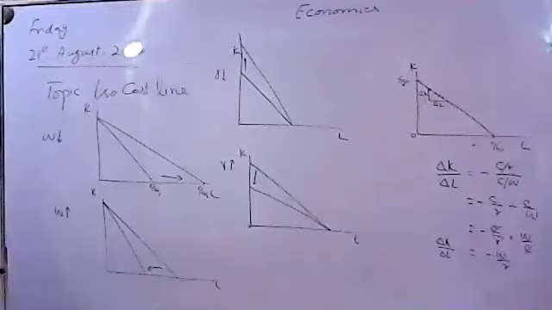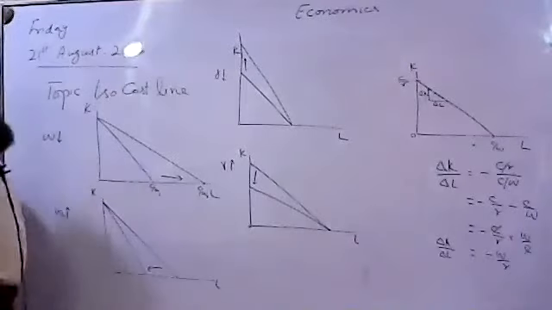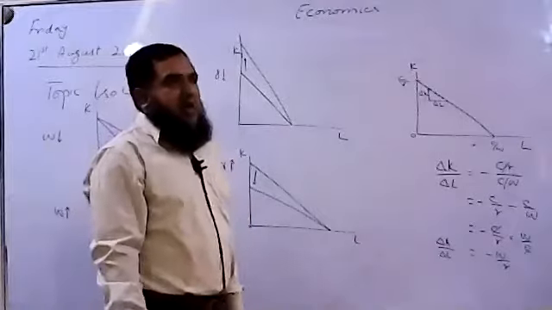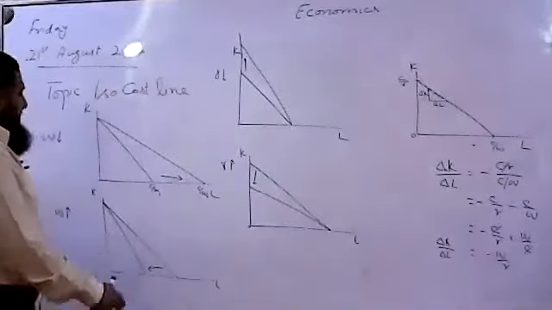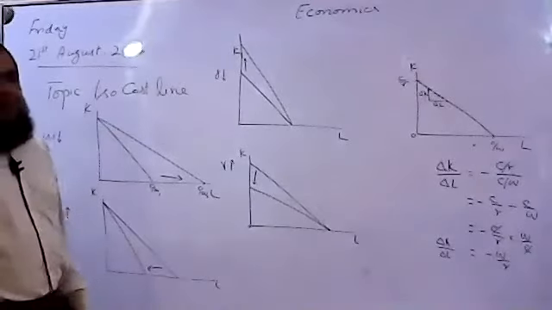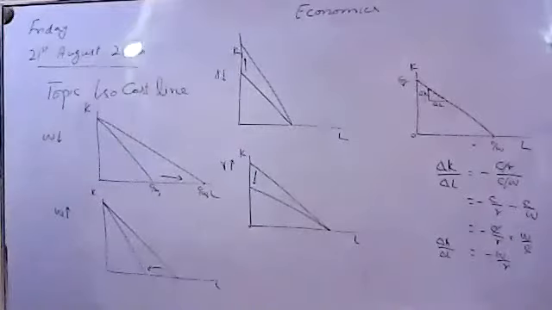Now we can see when wages are falling, the isocost line is becoming flatter. Its slope is decreasing. It is becoming flatter. And when wages are increasing, it is becoming steeper. So the slope will be varying due to the changes in wages and the rate of interest.